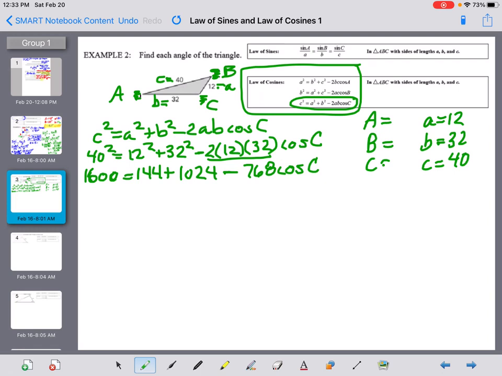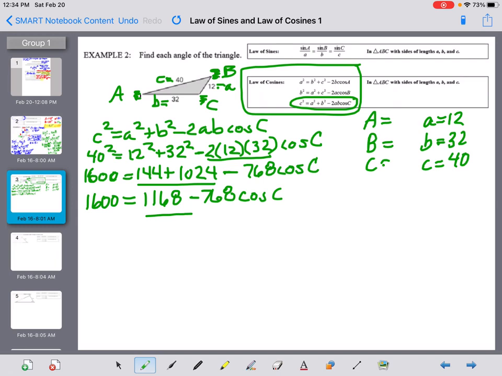Okay. Well, I can add these two. 144 plus 1024 gives me 1168. Okay, we need to be really careful with what's going on here and what we can do operation-wise.